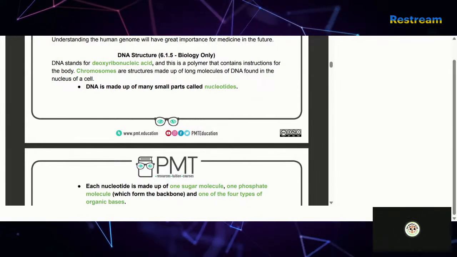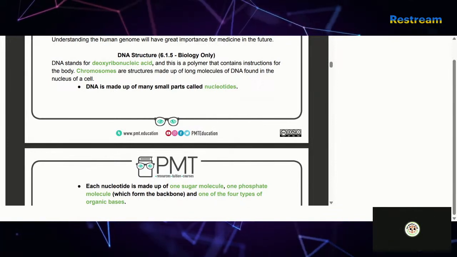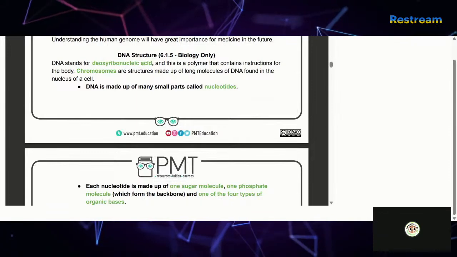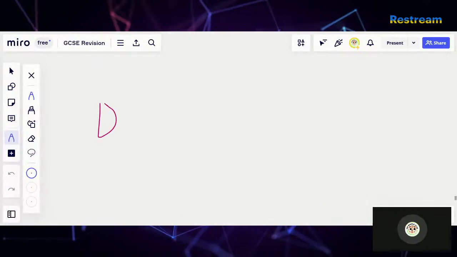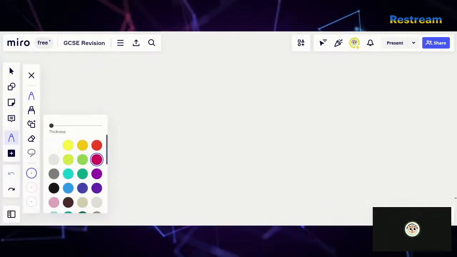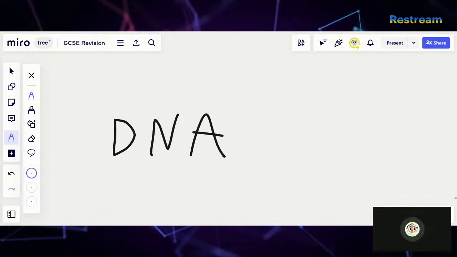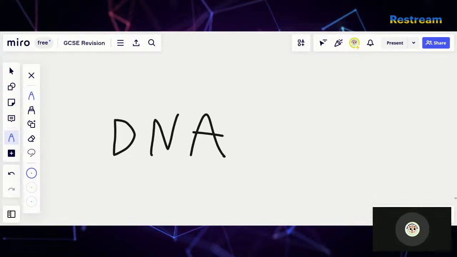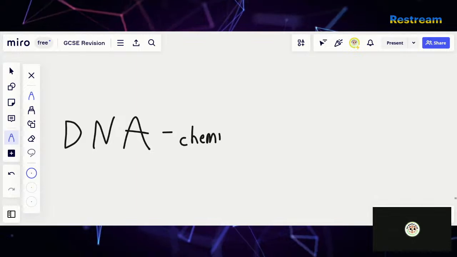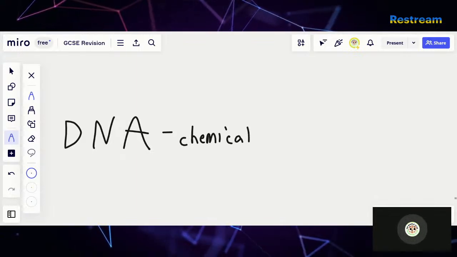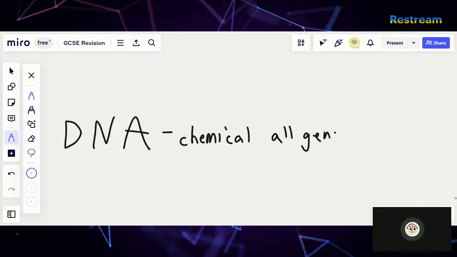Okay. This might make it a bit more clear. So we first have DNA, deoxyribonucleic acid. As we said, DNA is the chemical that all genetic material in the nucleus is made up from.